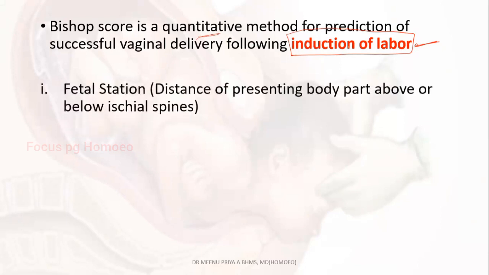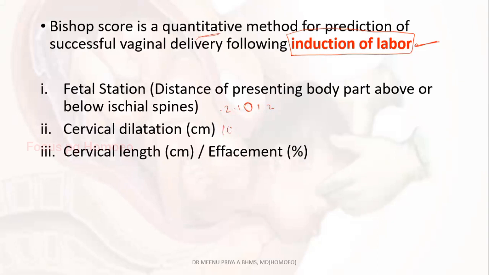So what are the criteria used in Bishop scoring? It is fetal station or head station, which is the distance of the presenting body part above or below the ischial spine. If it is in the pelvic cavity, engagement has happened, and the station is 0. From this 0, it can go to 1, 2, or -1, -2. Next, cervical dilatation in centimeters; the maximum can be 10 centimeters. Then cervical length or effacement.